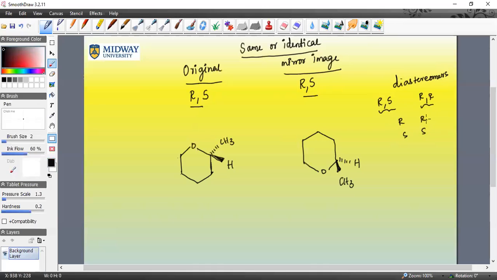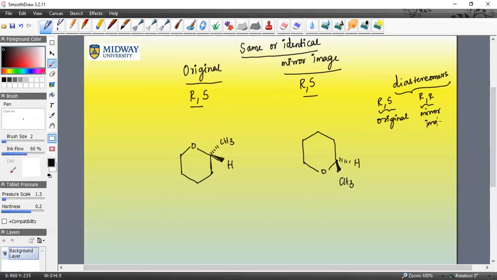It's just difficult. Okay. So for diastereomers, at least you need two on each side for the original and the mirror image. So let me go ahead and delete all this from here. Okay. For diastereomers, at least safe to say that you should have two on the original and two on the mirror image. Typically, that's the way I have seen.